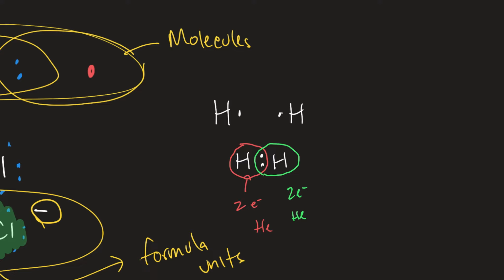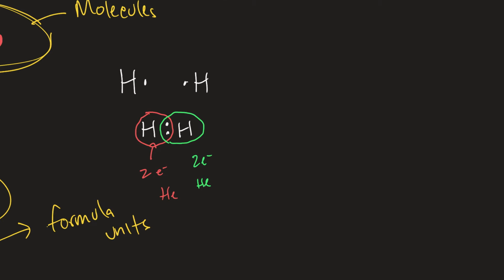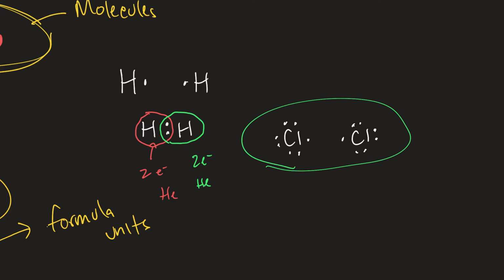So let's look at another example. Let's consider chlorine. Let's say we have two chlorine atoms that are going to bond to one another, right? And we know that chlorine has 7 valence electrons. Now they're going to bond to one another. All right. And so they're going to share a set of electrons.